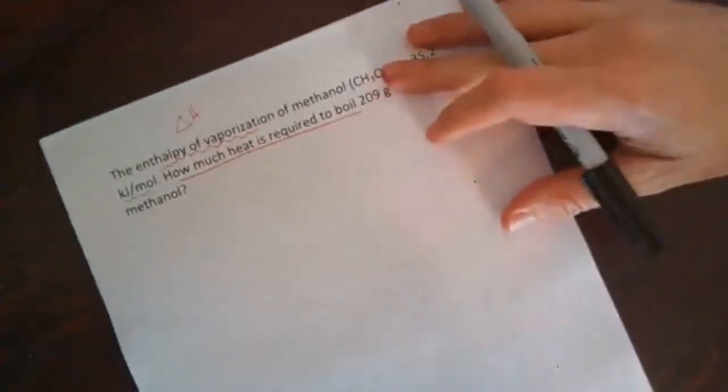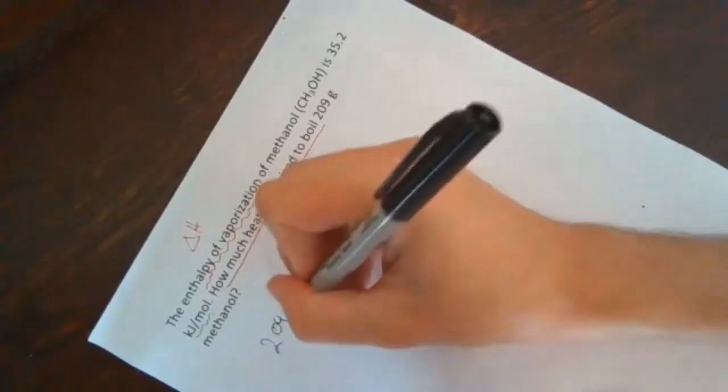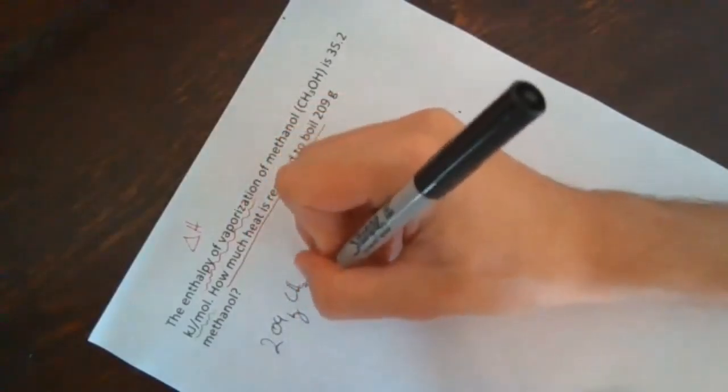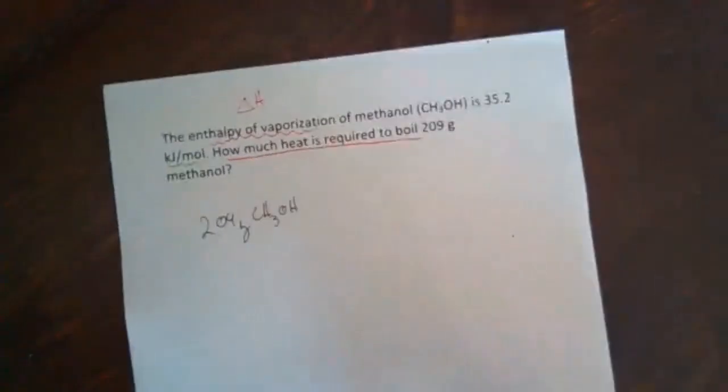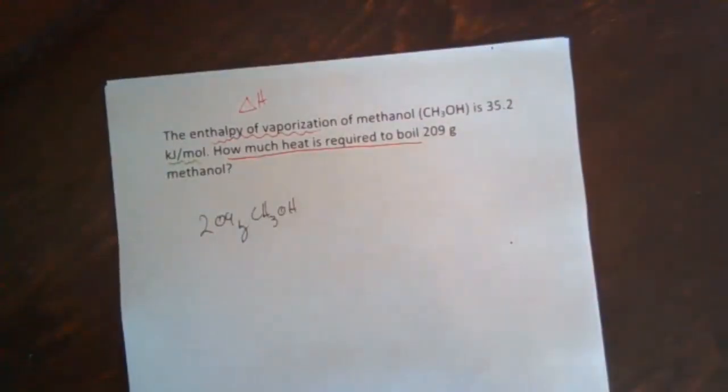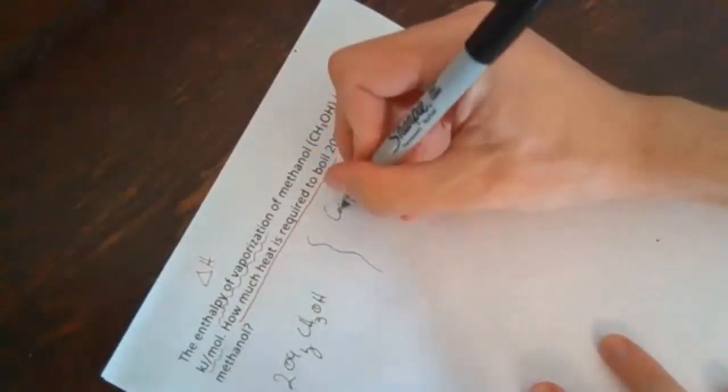Okay? And so we know we're starting out, we have 209 grams of methanol. And so that's not going to work to correspond with kilojoules per mole. So what we're going to have to do is turn that into moles. And so we're going to need to calculate molar mass.